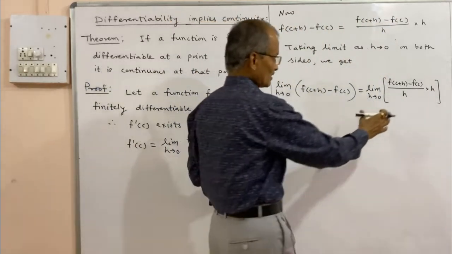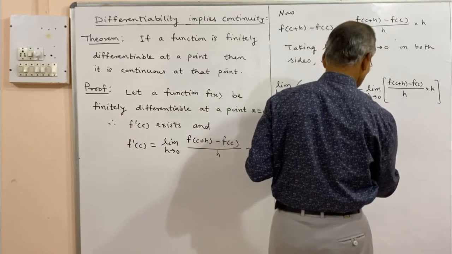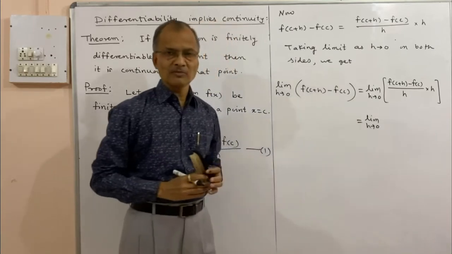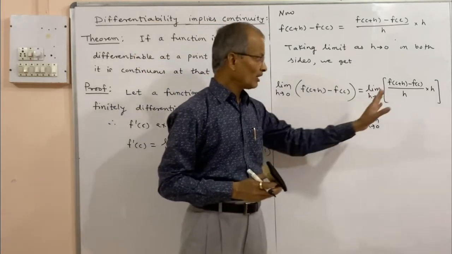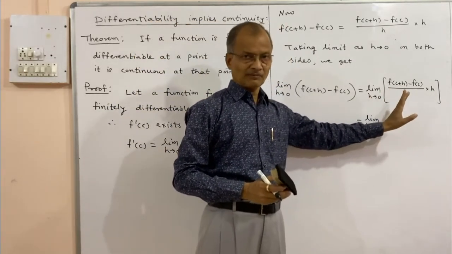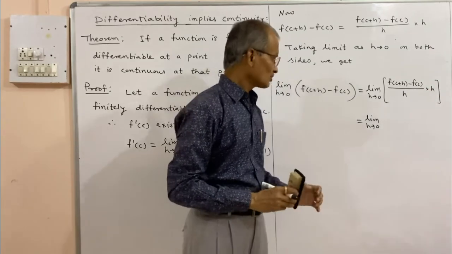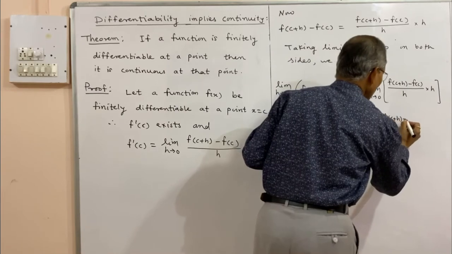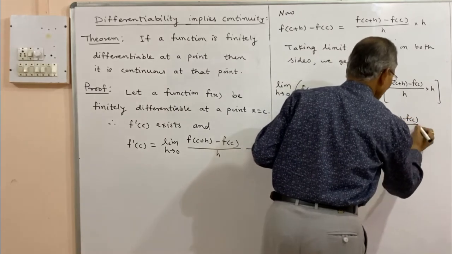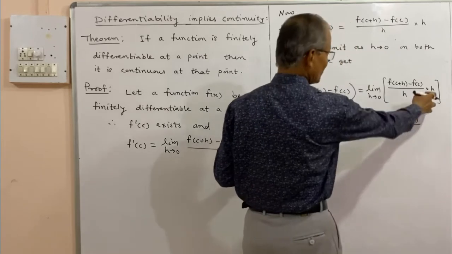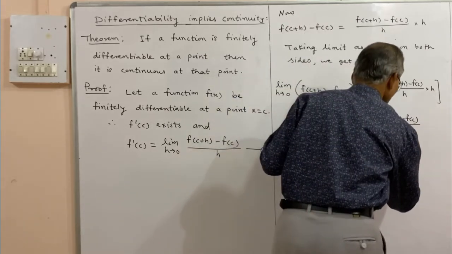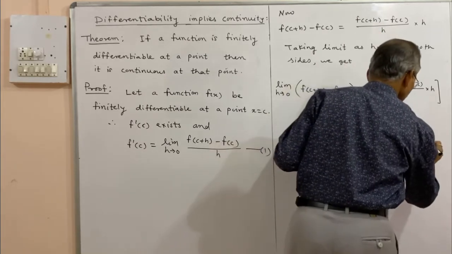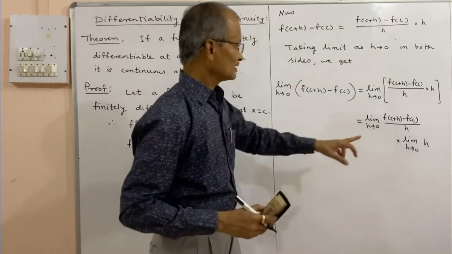Now there is the theorem on limits we shall use: limit of a product of two functions is the limit of the first function into the limit of the second. So that means limit of f of c plus h minus f of c divided by h into limit h tends to 0 of h. Separate limits we have written.